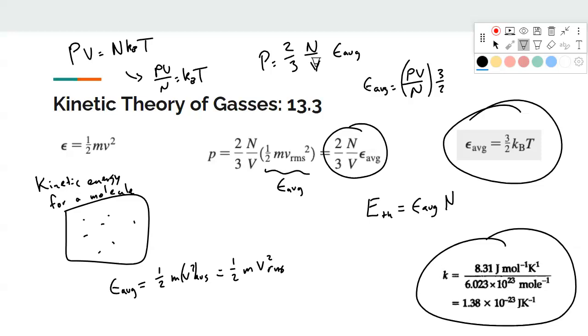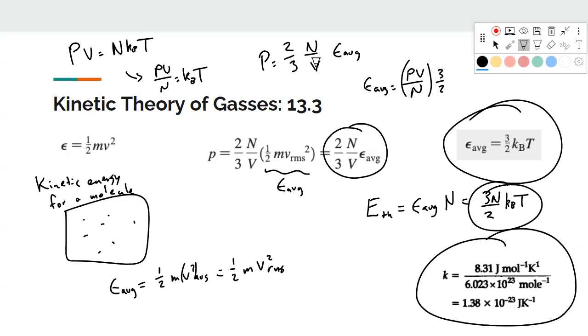That's the beauty of an average, is that it's by definition able to do that, you can just multiply it by the number to get the total. And so we have the nice formula, 3N/2 k_B T. And this is a way of immediately getting the thermal energy of a box of gas.